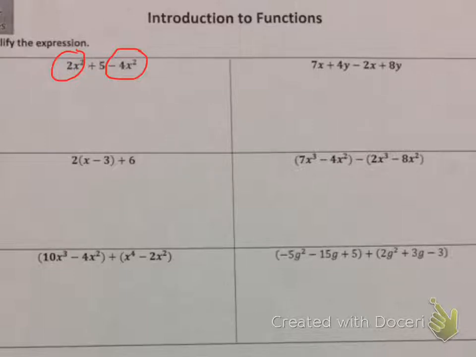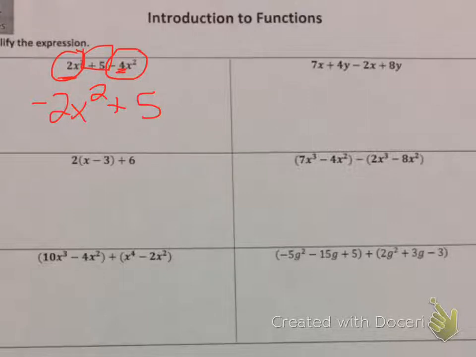So 2 from here minus 4 from here gives me negative 2x squared. This plus 5 right here cannot be combined with anything else because it's not a like term with anything else. So I'm just going to put my plus 5 back behind on the end, and I'm done. When we're doing this, we're always looking for the highest power first, so highest power to lowest power, and then we are trying to combine anything that we can combine together.